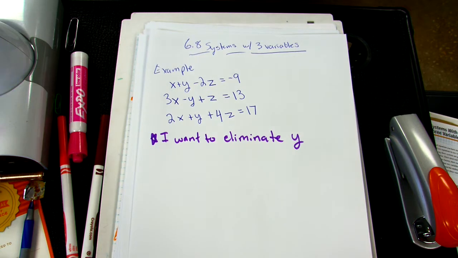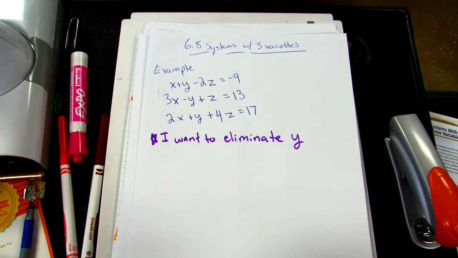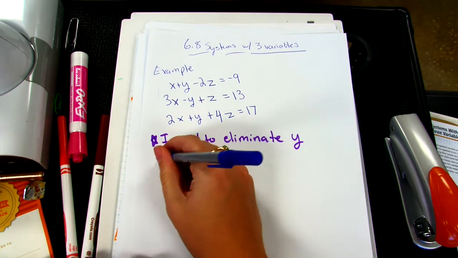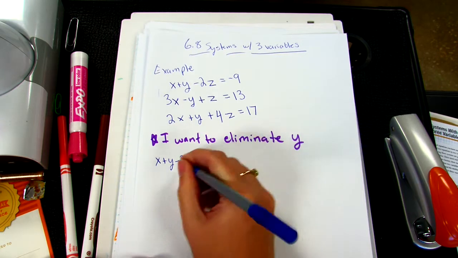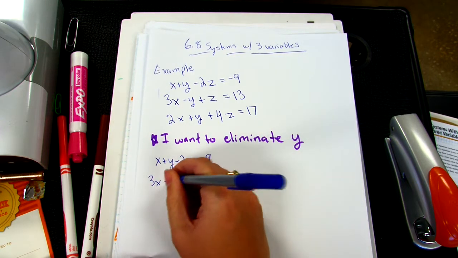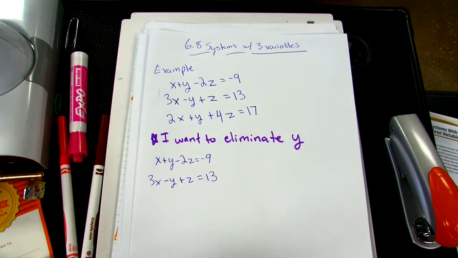First we're going to pair up the first two equations to eliminate y. So that becomes x plus y minus 2z equals negative 9, 3x minus y plus z equals 13.